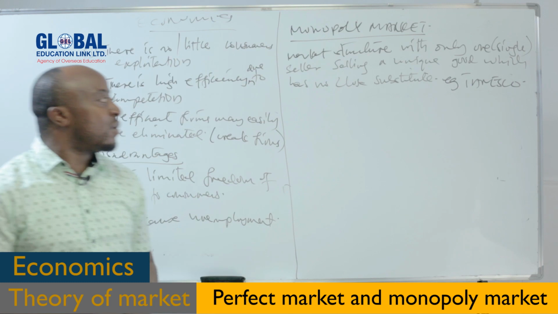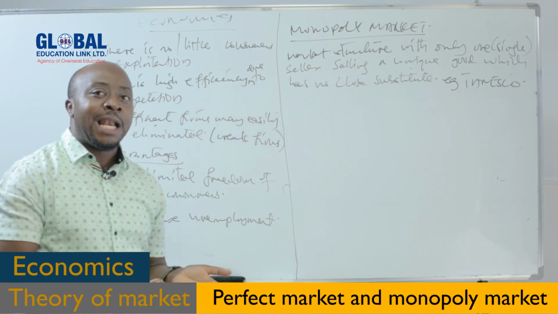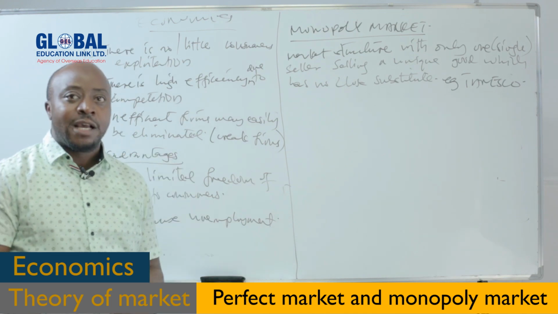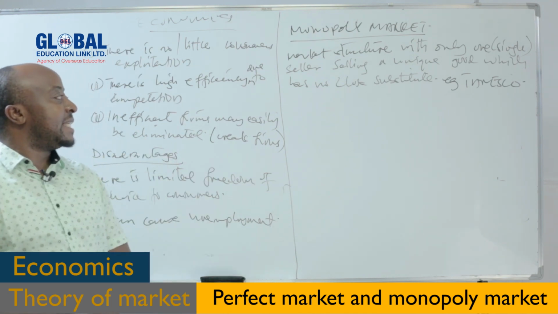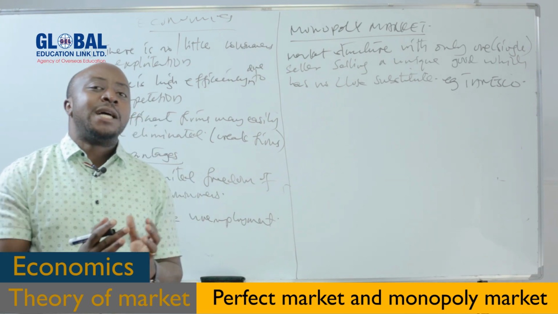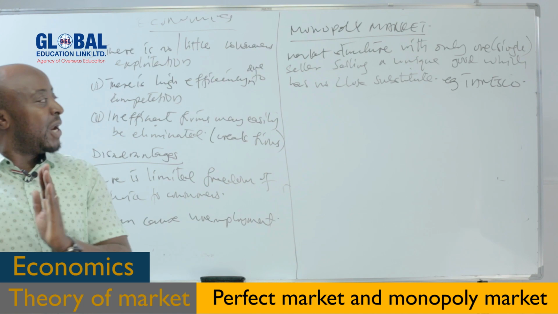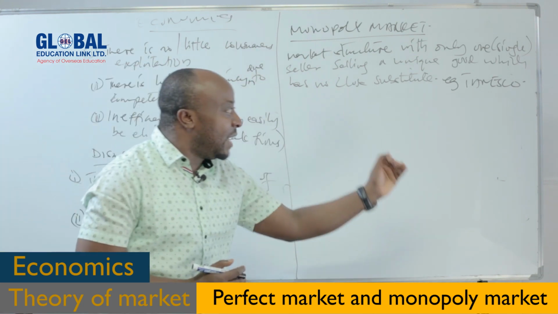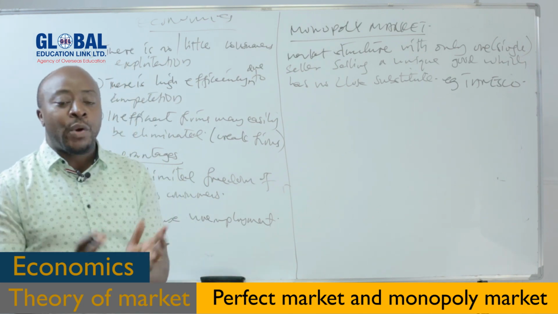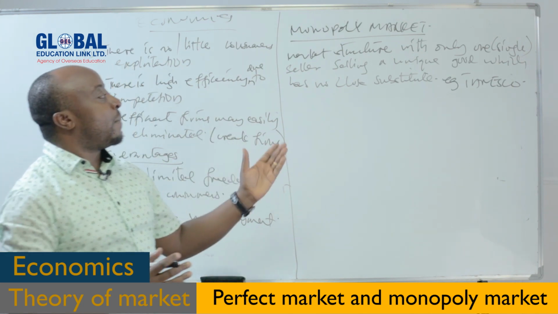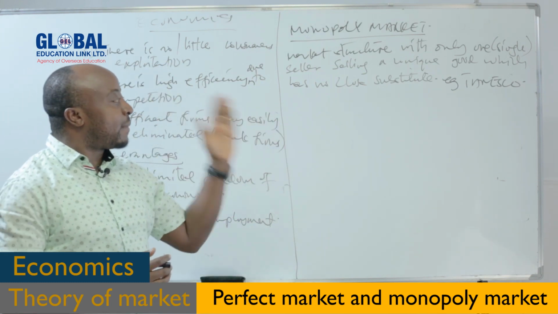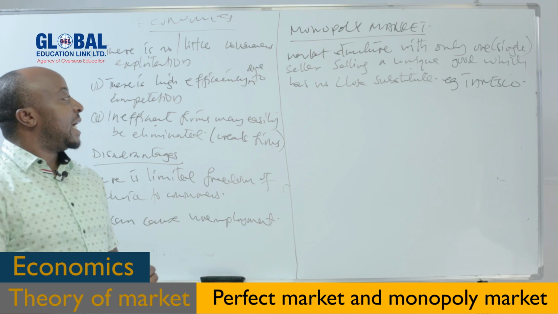We also have companies supplying water, like DAWASCO, and other companies in different regions. Those are also monopolies of water because they have been given authority to supply water to the community. Because they are the only supplier of that service or good, we say they become a monopoly market. So there is only one seller selling a unique product which has no close substitute.